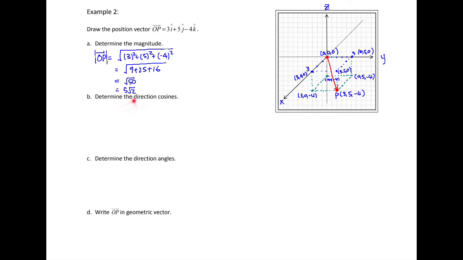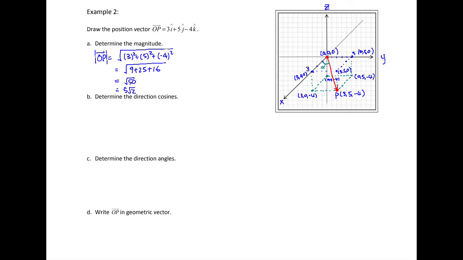Next, we have to find the direction cosines. Unlike two-dimensional vectors, the direction angles of three-dimensional vectors cannot be described as true bearing or quadrant bearing, so we have to use a different notation. We call them alpha, beta, and gamma. Alpha is the angle from the positive x-axis to the vector OP.